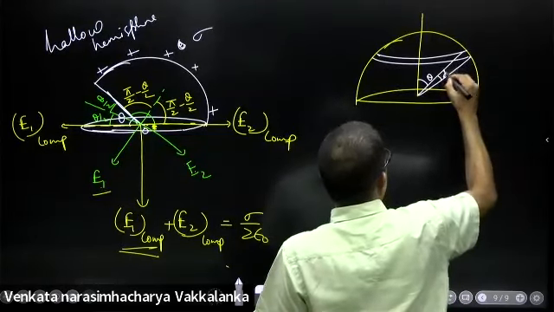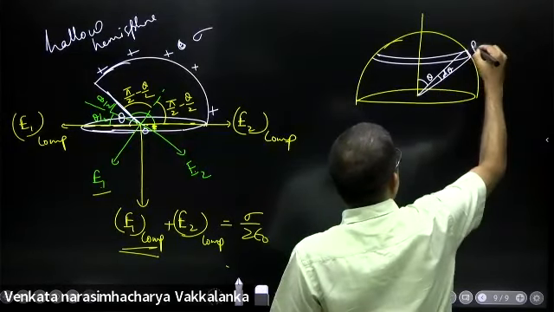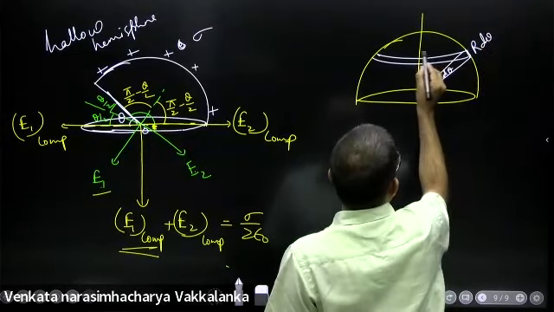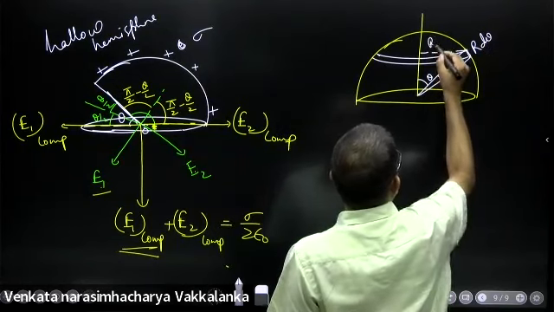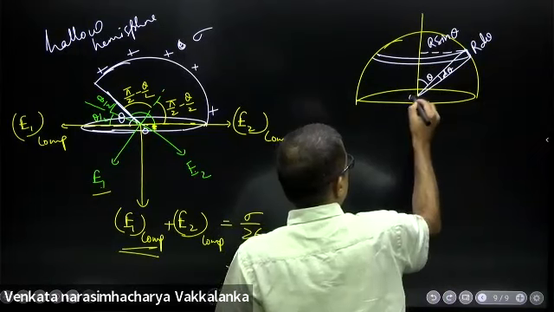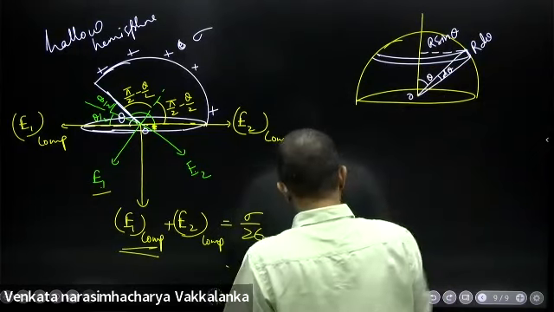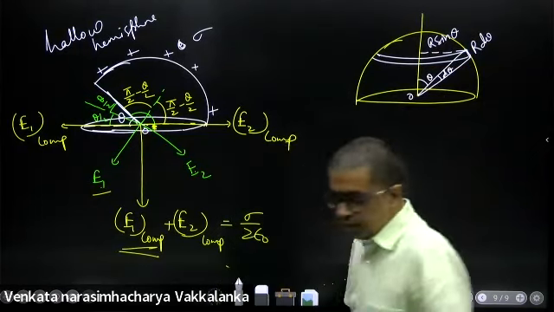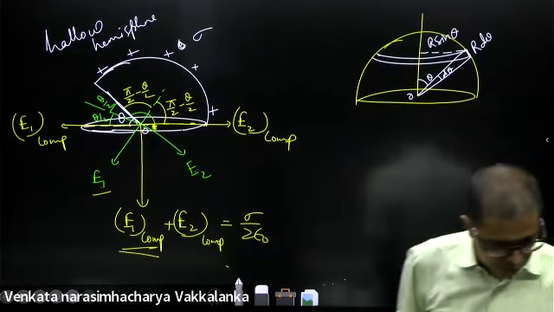This is theta, this is d theta, this is r d theta. The radius is r sine theta. So because of the ring, find out the field at O and integrate this. You will get sigma by 2 epsilon naught.